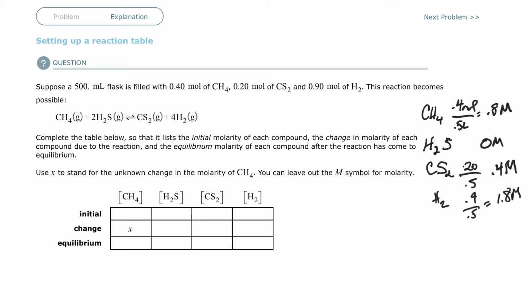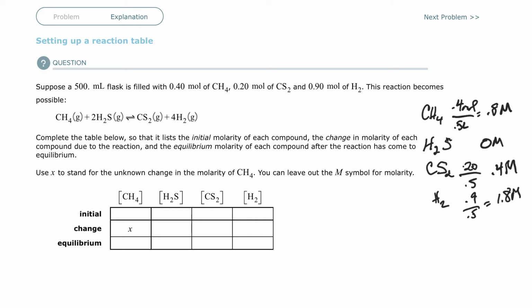So to the right, I've written the moles that you were given and divided by the liters. So 500 milliliters is half a liter. So it's going to be 0.4 divided by 0.5, 0.20 divided by 0.5, 0.9 divided by 0.5, and the initial molarities. Now, you were not given any initial molarity of the H2S, so it has to be 0.